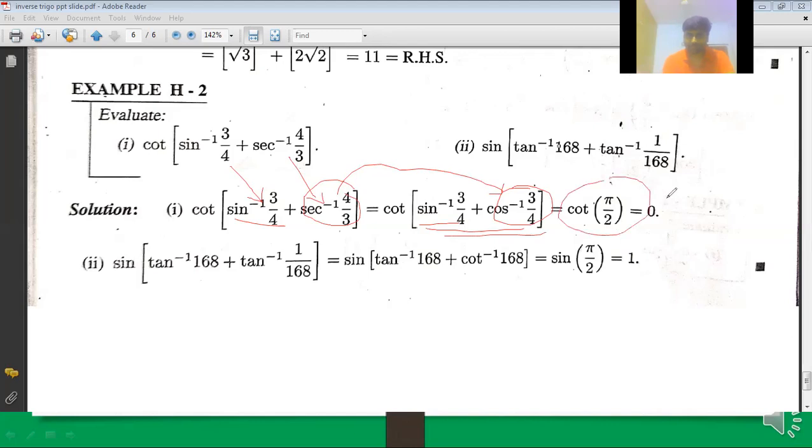So cot pi by 2, result is 0. Clear? Now here also same thing we are writing. Tan inverse of 168 as it is. Here can I write cot inverse of reciprocal 168? So this is in the form of tan inverse of x plus cot inverse of x. Angle must be same. Tan inverse of x plus cot inverse of x is pi by 2. Finally sine pi by 2. So what is the result there? 1. Clear?